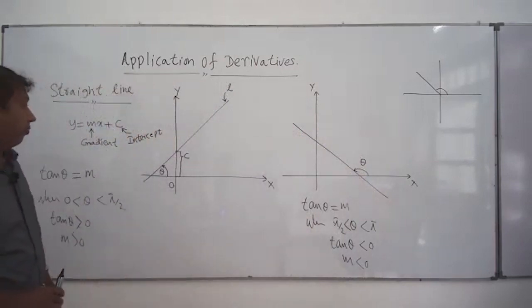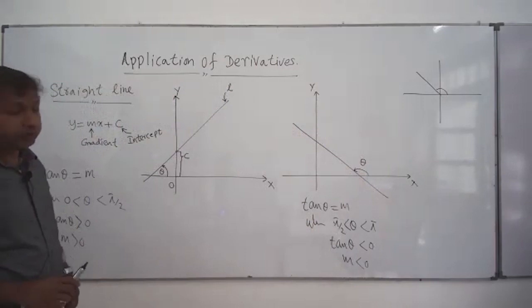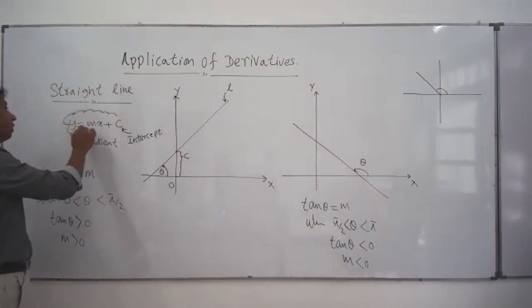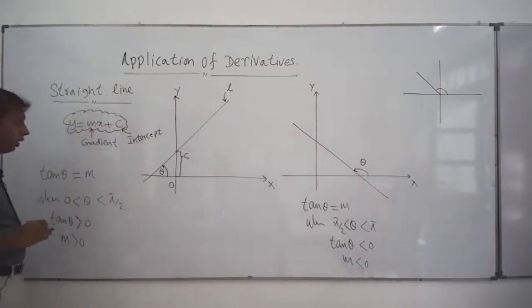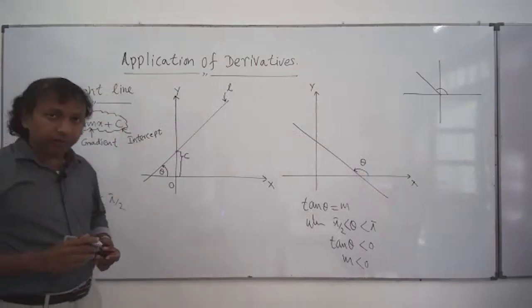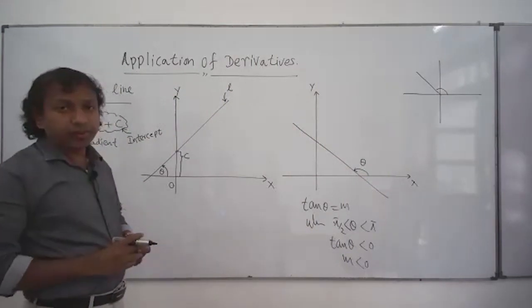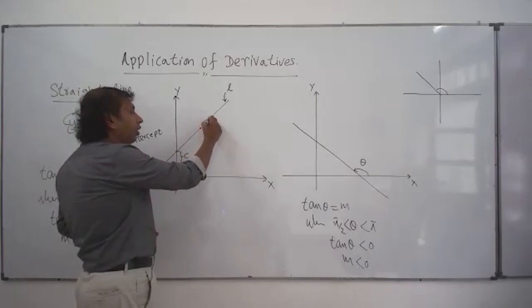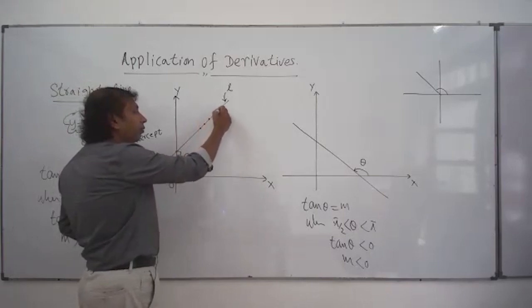Secondly, people, let's see what is the meaning of the equation of the line. You can understand very clearly when I consider any point on this line. There are infinitely many points on the line.